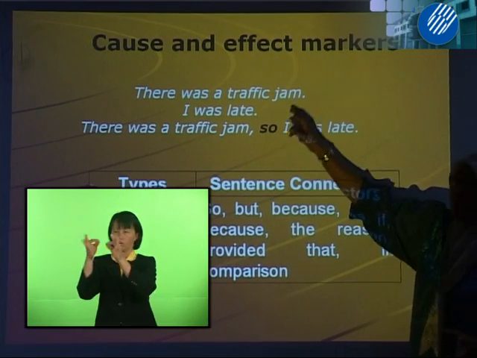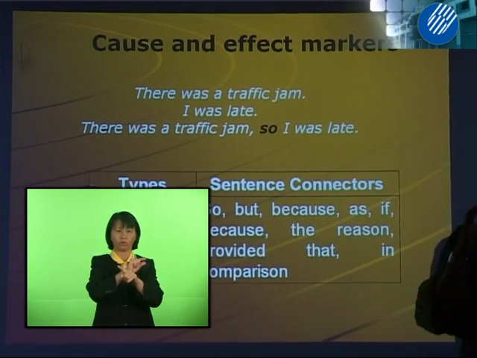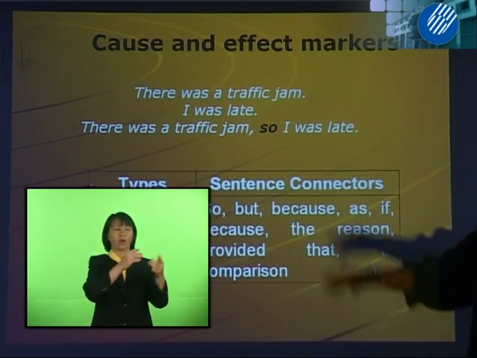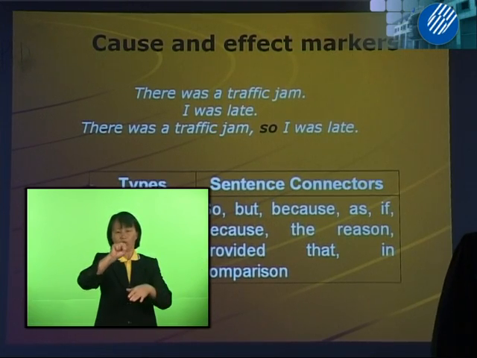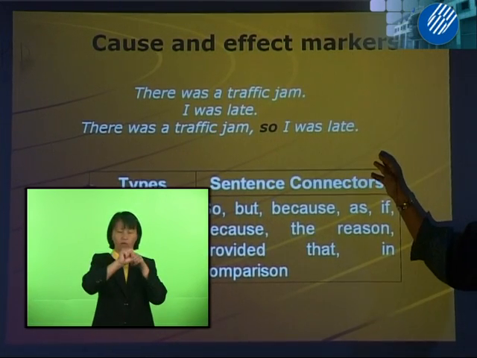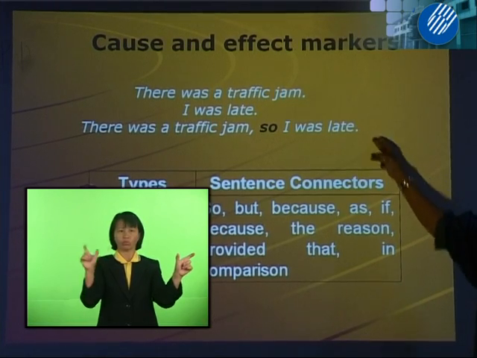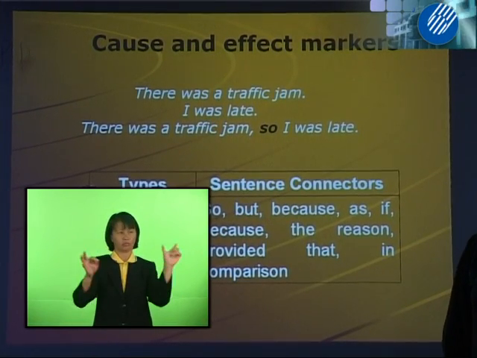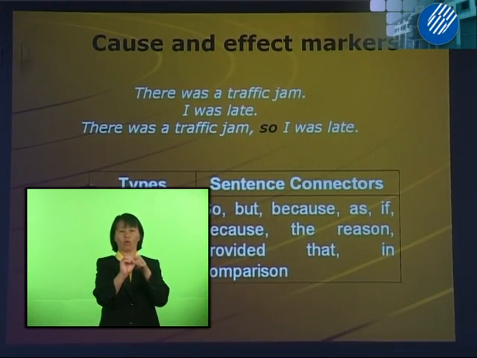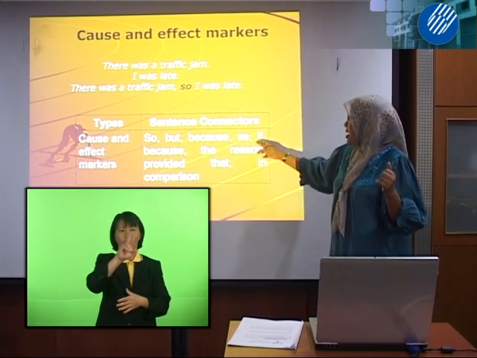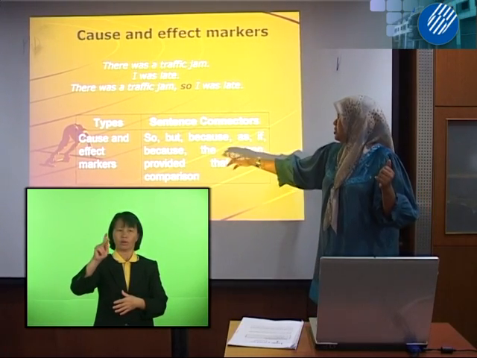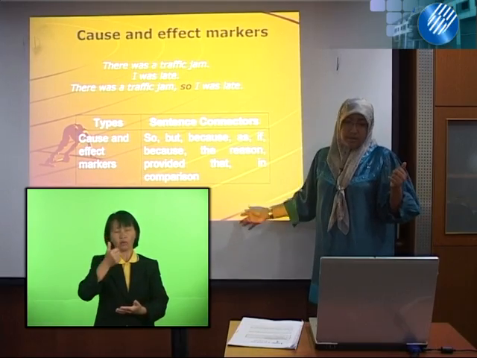You use a discourse marker. So, there was a traffic jam, so I was late. So two sentences become one sentence. So what else can you use? But, because, as, if, the reason, and etc.